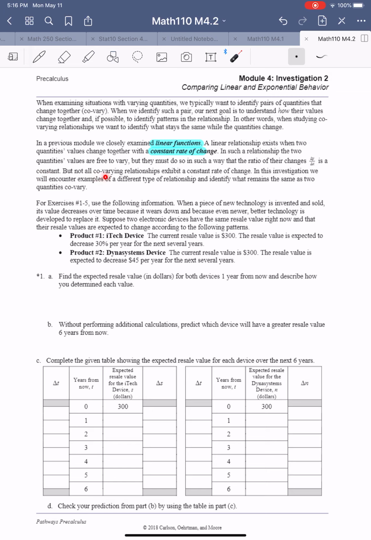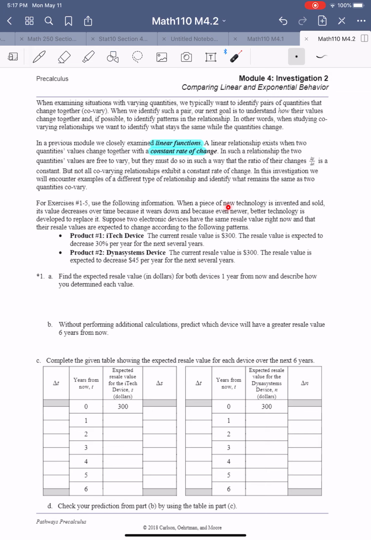But not all covariant relationships exhibit a constant rate of change. In this investigation, we will encounter examples of different types of relationships and identify what remains the same as the two quantities covary. For exercises 1 through 5, we use the following information.